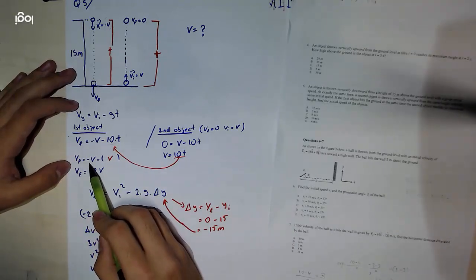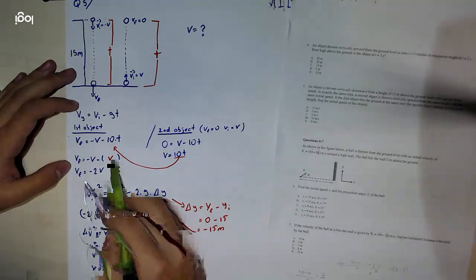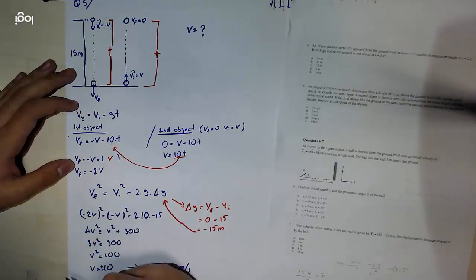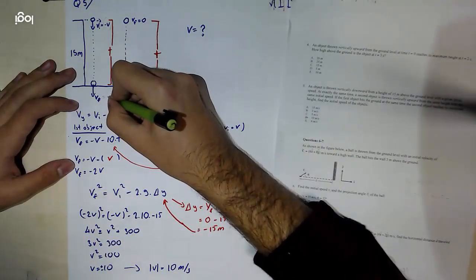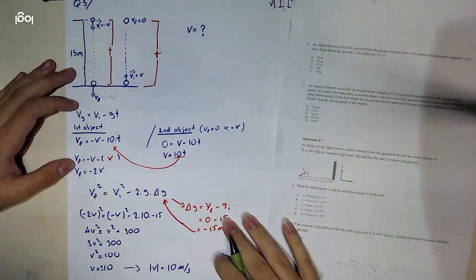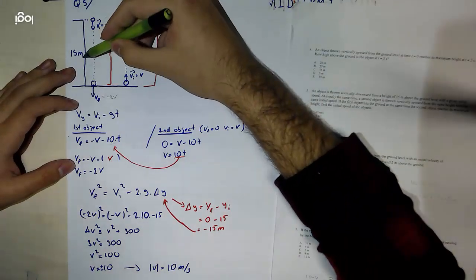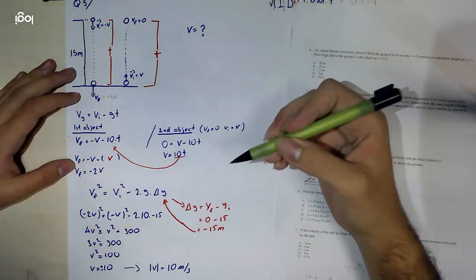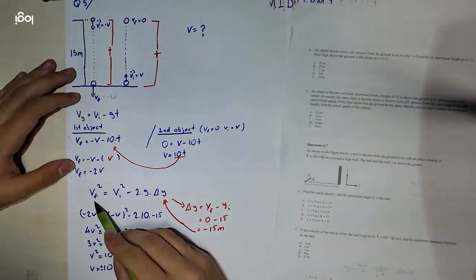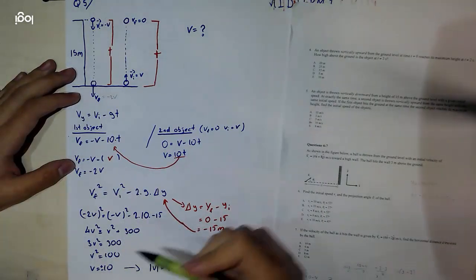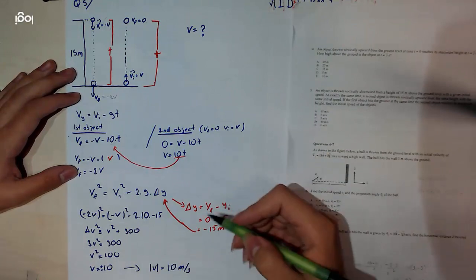So V final equals minus V, we found that it is minus 2V. So we write that here as minus 2V. So we can use the other projectile motion equation, V final squared equals V initial squared minus 2g delta Y. So we find the delta Y first.